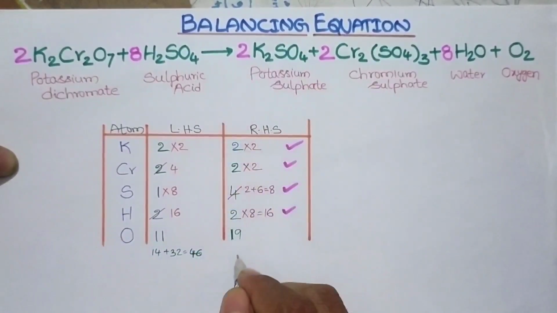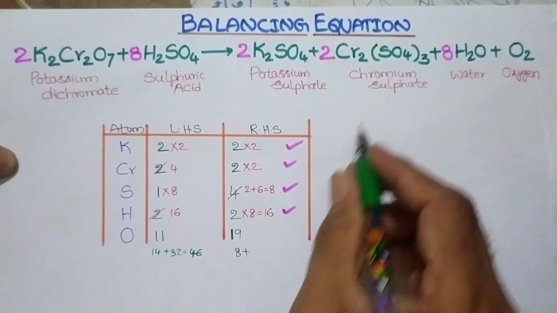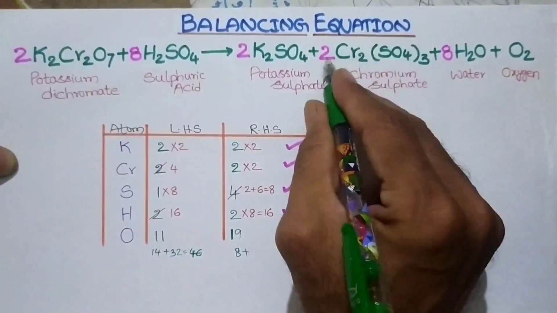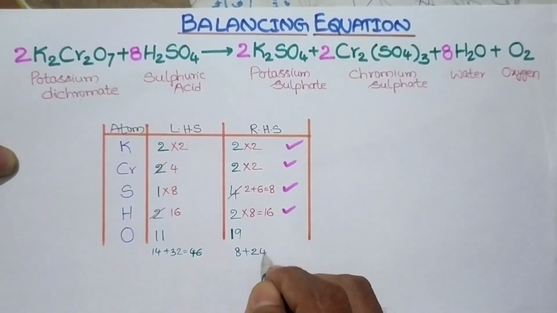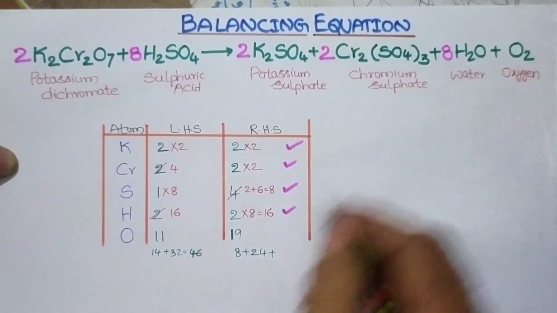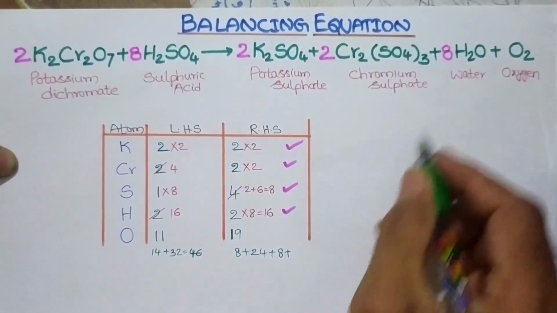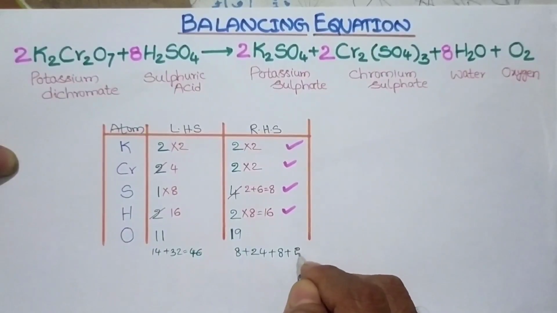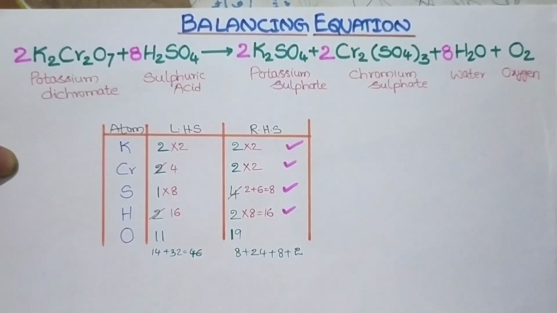Oxygens 2 4s are 8 plus here 4 3s are 12, 12 2s are 24, plus here 8 plus here 2. Let us see carefully. 8 plus 24, 8, 32, 32 plus 8, 40. 40 plus here 2. Here you see this is 46, here we get only 42.